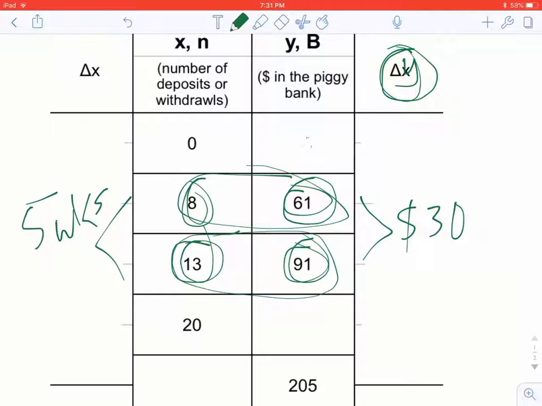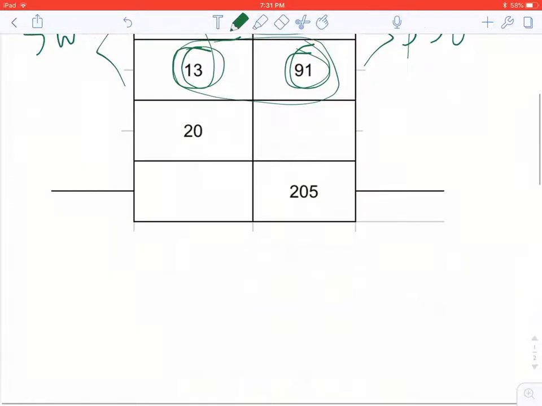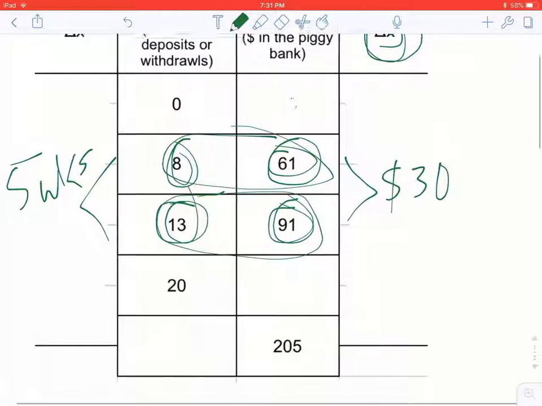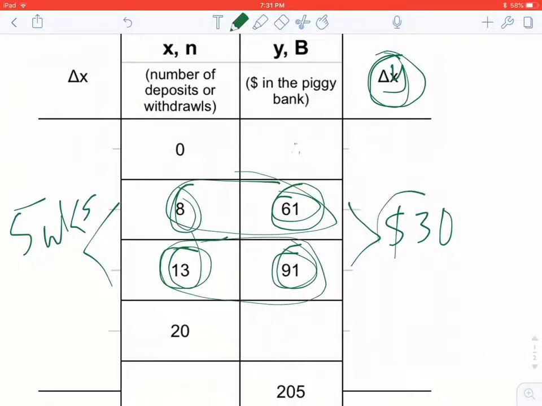As I go through this, I know that M, the rate, equals delta y divided by delta x, which in this case is I'm going up by $30 in 5 weeks.